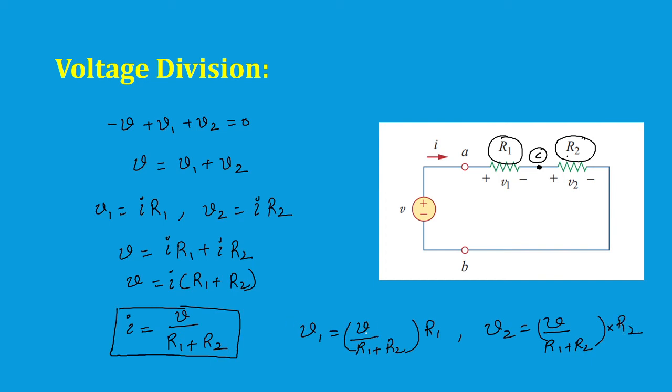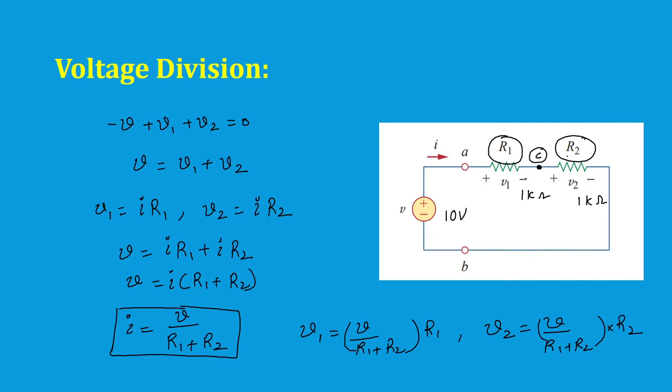So V1 is equal to R1 by R1 plus R2 into V, and V2 is equal to R2 by R1 plus R2 into V. The same voltage is divided between these two resistors R1 and R2. Let's say I have 10 volts here, and this is a 1 kilo ohm resistor, and this is also a 1 kilo ohm resistor. When both resistors are equal, the voltage will be shared equally.